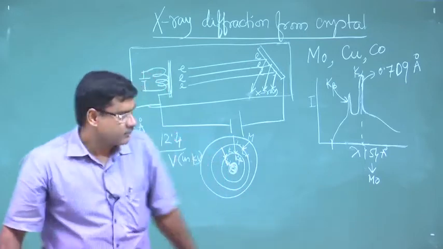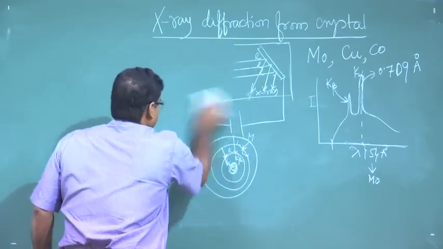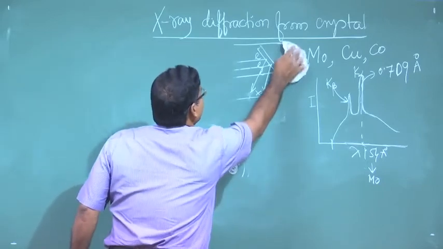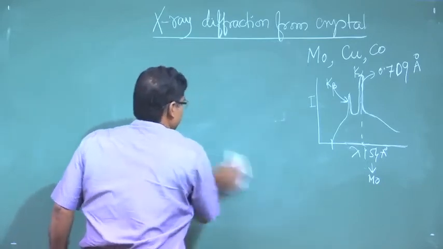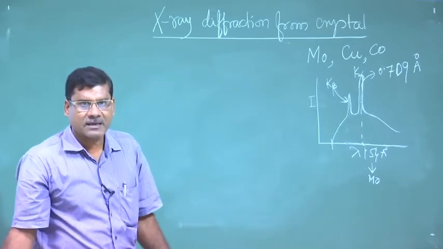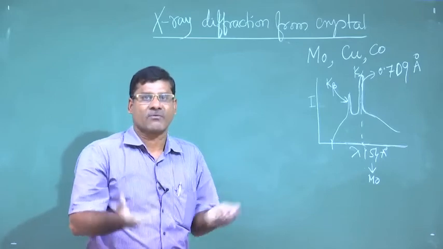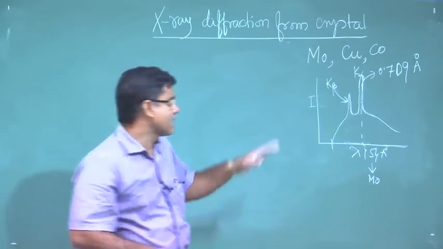So, this is about the X-ray. Now, here another question is there. Sometimes for an experiment we need all sorts of wavelength of X-ray. So, then there is no problem.